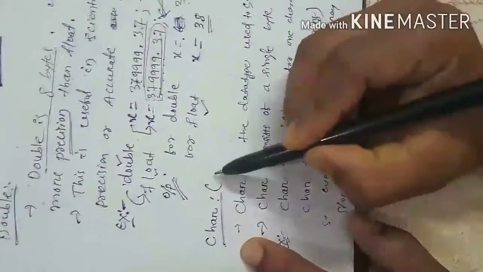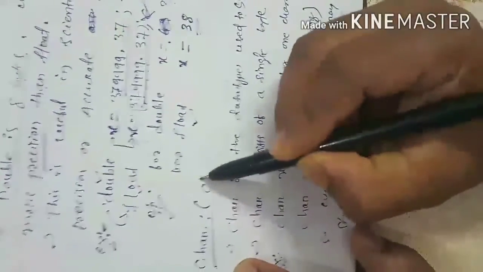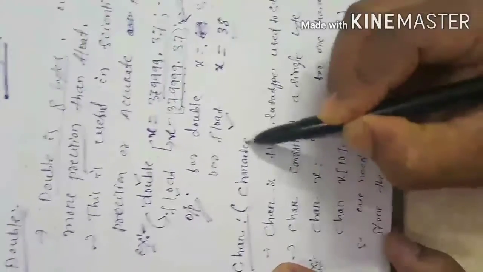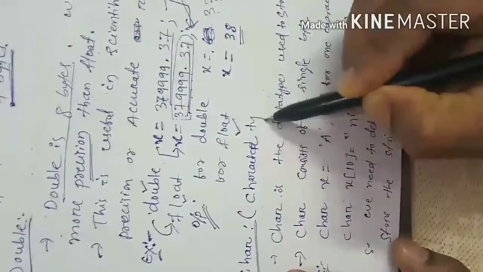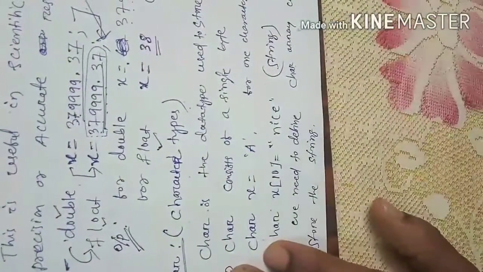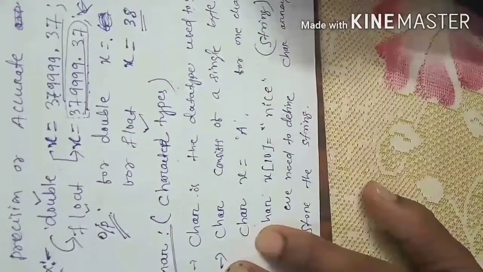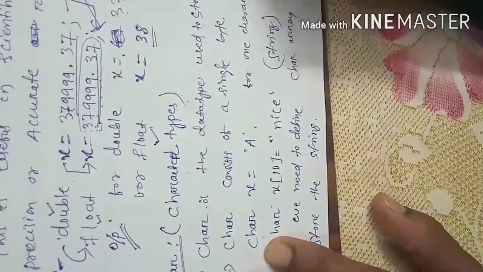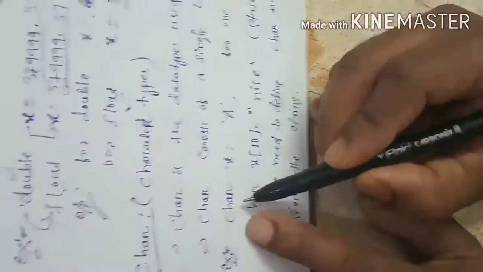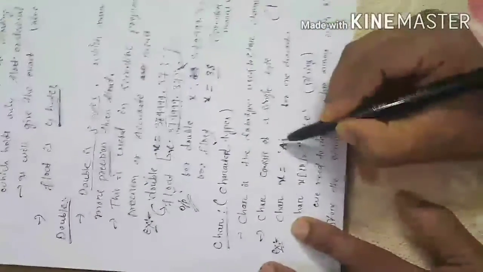So char is the data type which is used for character types. Now char consists of a single byte. So what is the size of char data type? 1 byte. I'll give one example here. See, char x is equal to 'A'.